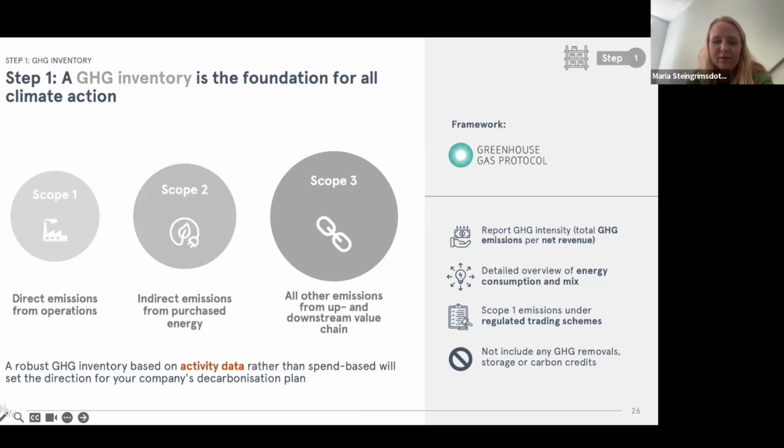Then you also need to provide a detailed overview of the energy consumption and mix. And then you need to report if you have Scope 1 emissions under regulated trading schemes. And it's also important here to say that the emissions that you report under ESRS E1 cannot include any greenhouse gas removals, storage, or carbon credits.